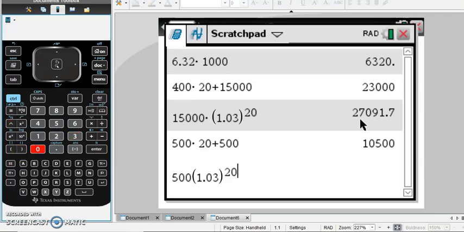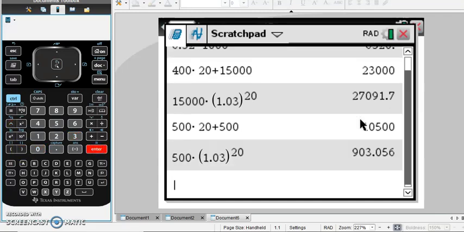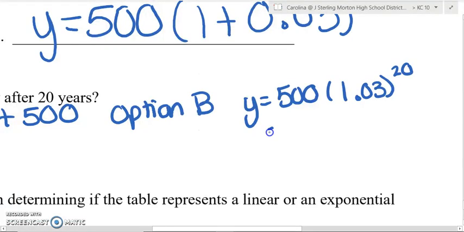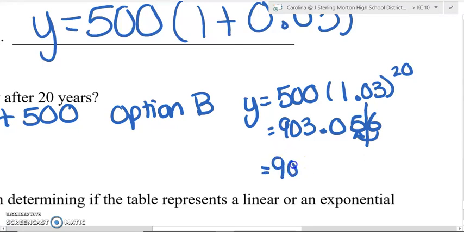Raise that to the 20th power, and I get 903.056. Again, we're talking about money here, so I do have to round. So I'm going to cut it off here. Because of this 6, the 5 is actually going to round up. So it's going to be $903.06.